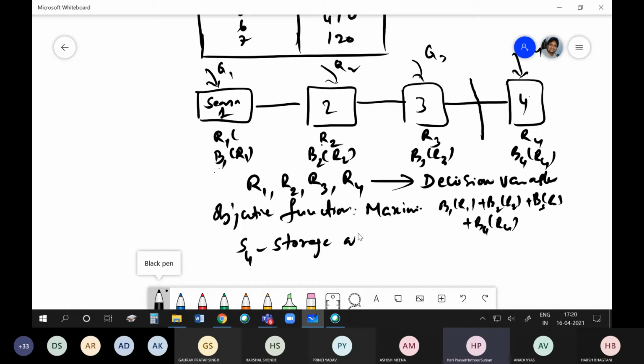Storage in the reservoir at the beginning of season 4. What are the possible values it can have?